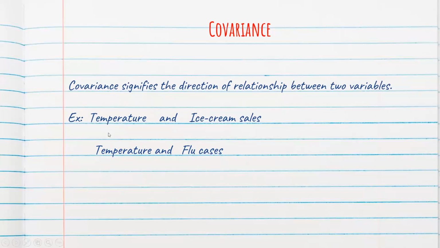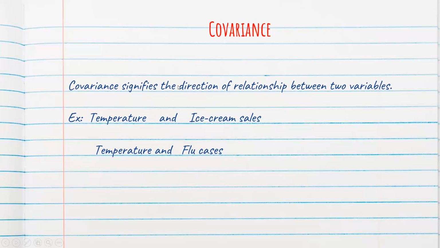Whenever the temperature decreases, the ice cream sales also decreases, which means that both are changing in the downward direction. So can I conclude that in the first example, both are changing in the same direction? If you take temperature and flu cases, whenever the temperature decreases, the flu cases are increasing, which means that both are changing in the opposite direction.